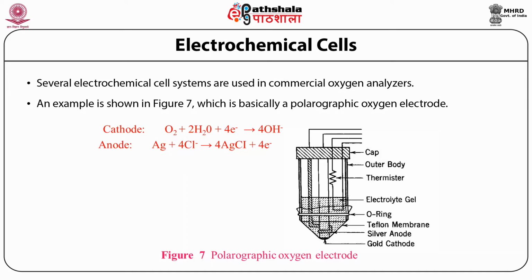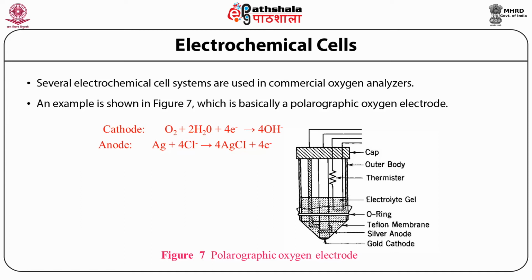With a potential of 0.8 volt applied between the anode and cathode, the following reaction takes place in the presence of oxygen. At the cathode, oxygen, by taking 4 electrons, is converted into OH ions. At the anode, silver reacts with chloride ions and forms silver chloride, and 4 electrons are released. The resulting current flow is proportional to the partial pressure of oxygen in the sample.